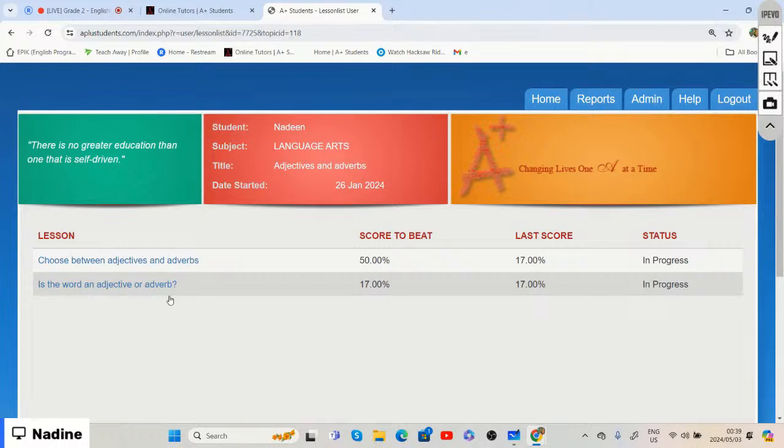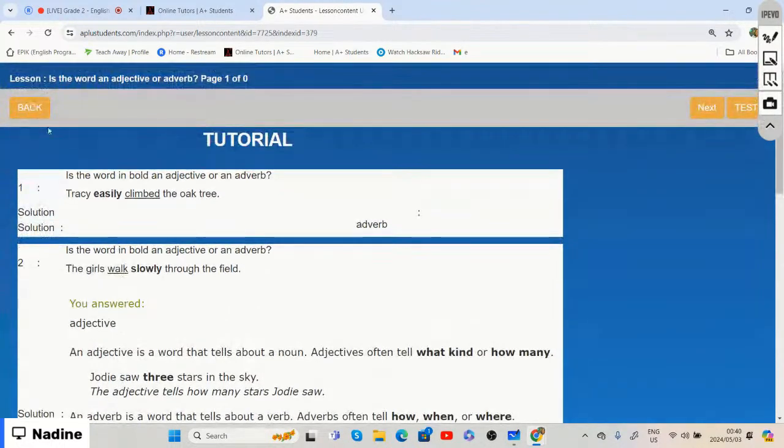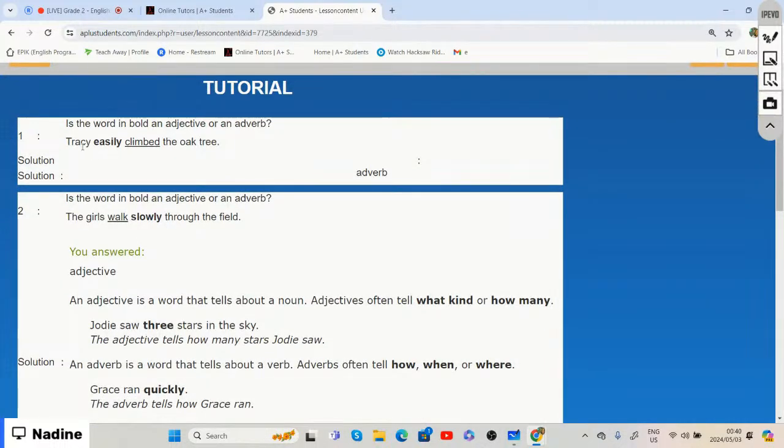All right. So if we were to once again look at where we need to select the adjective or the adverb, the sentence says, Tracy easily climbed the oak tree. Climbed, right? Or easily climbed the oak tree. Is that an adjective or is that an adverb?